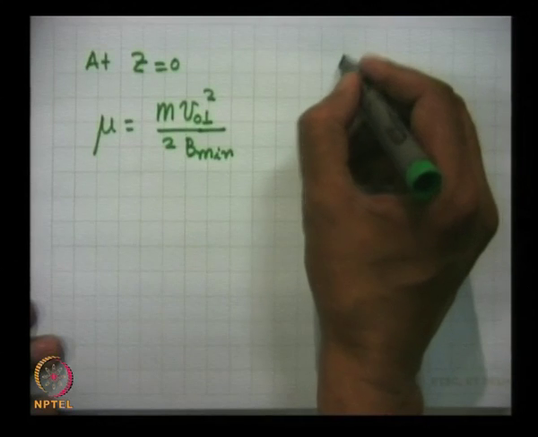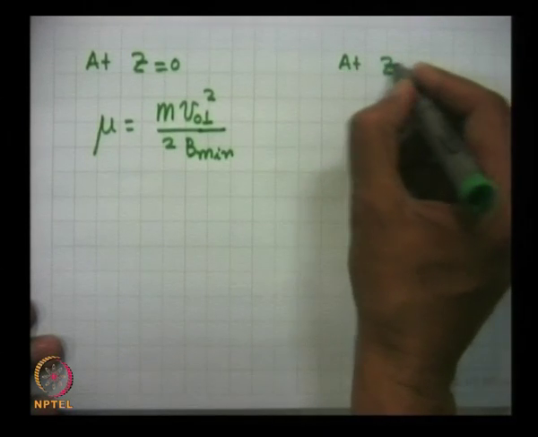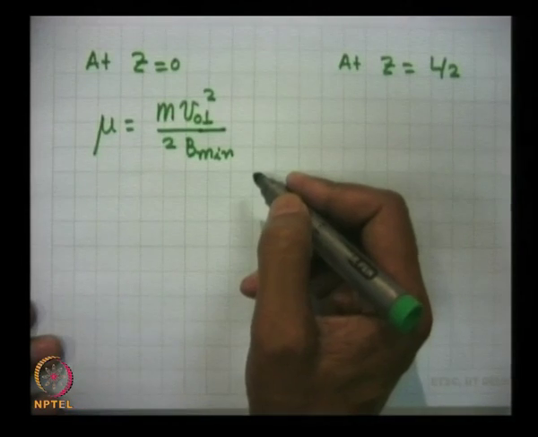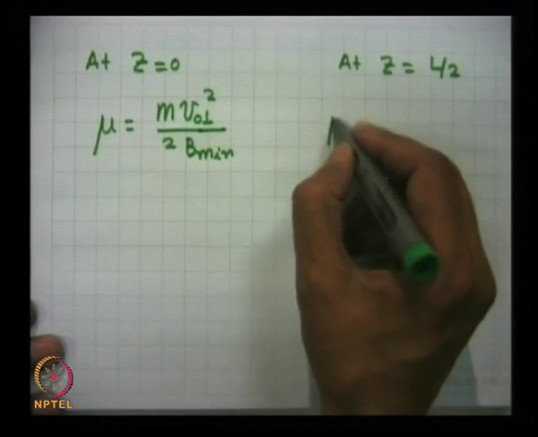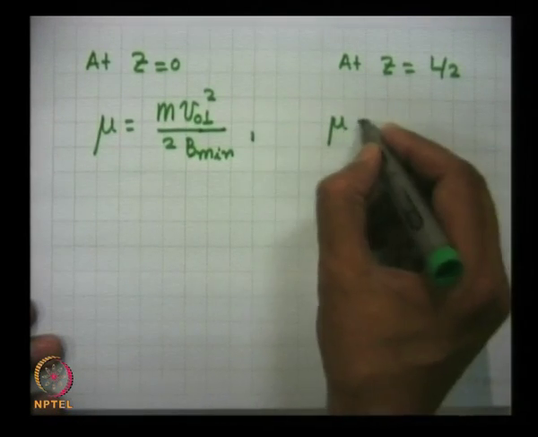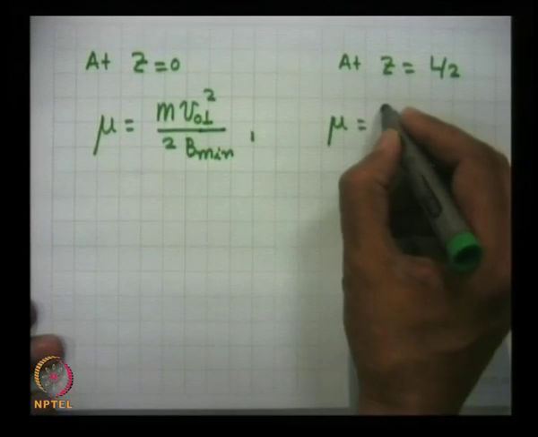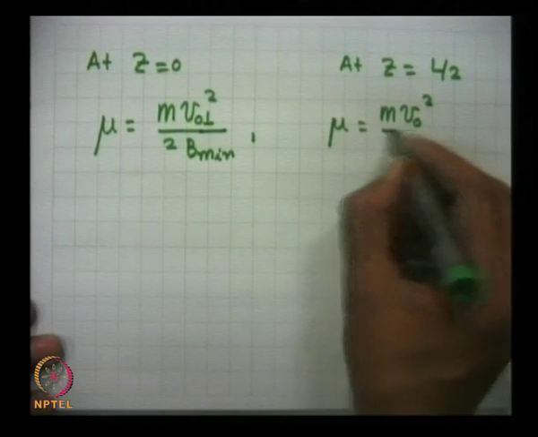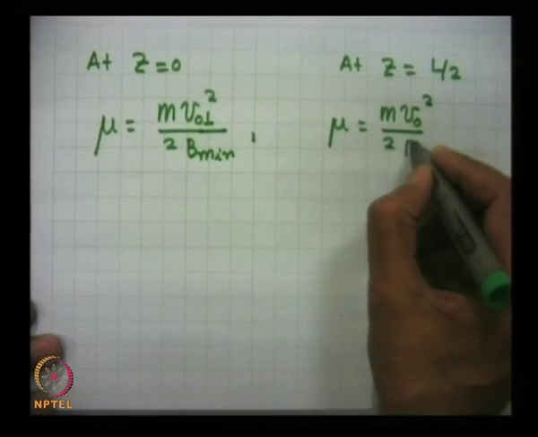And at z equal to L by 2, mu is equal to the total perpendicular energy, m V0 square by 2, upon B maximum.